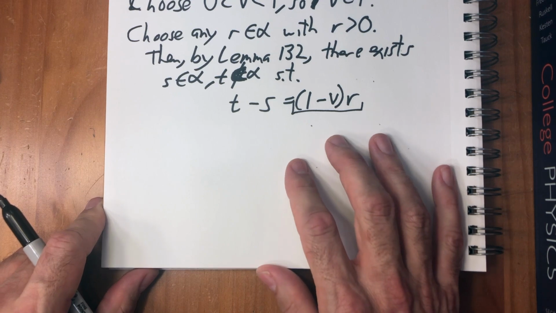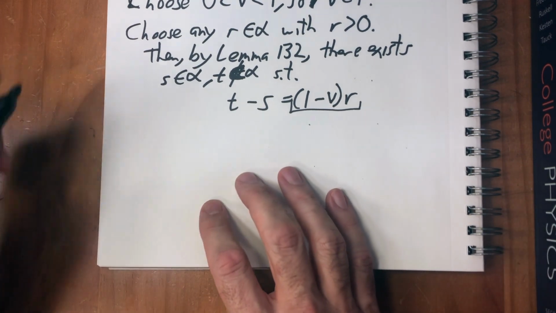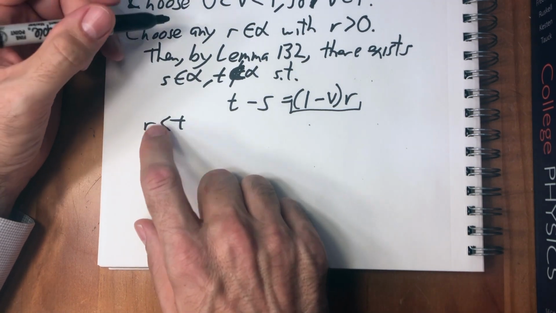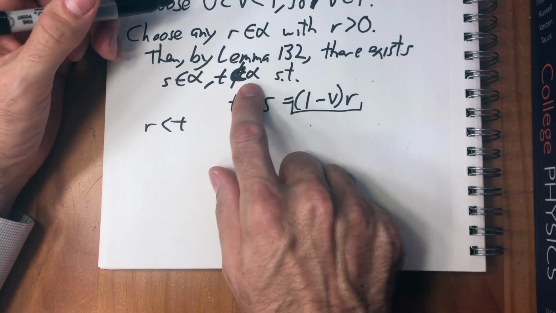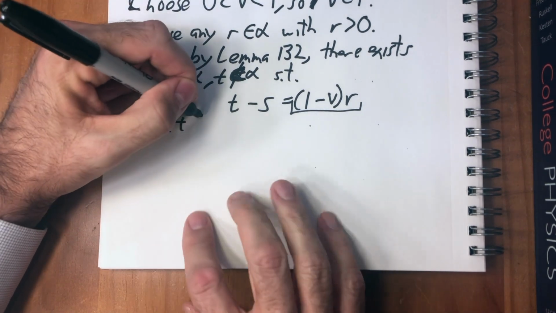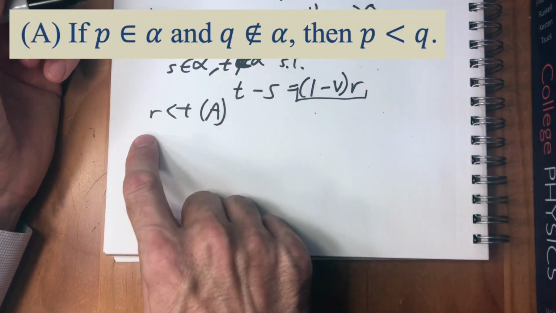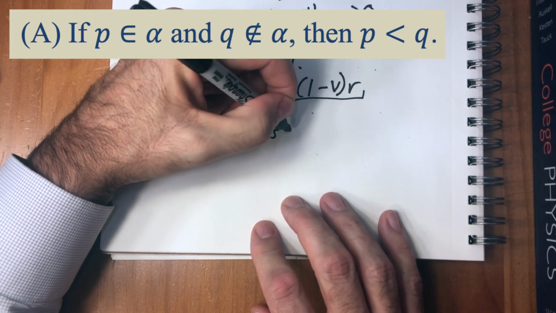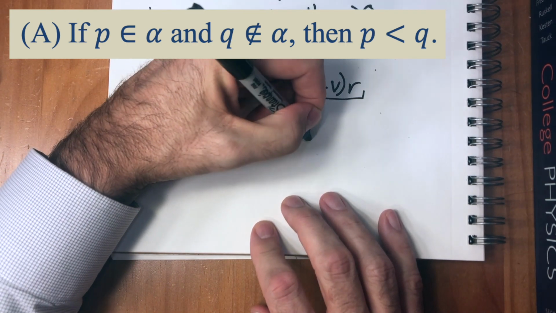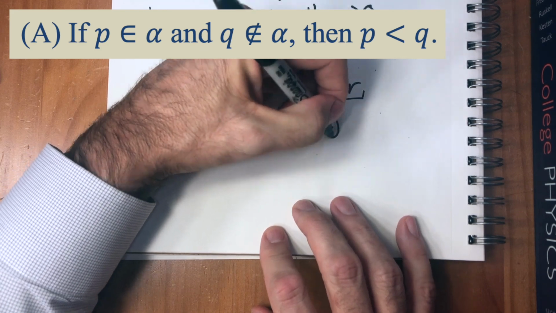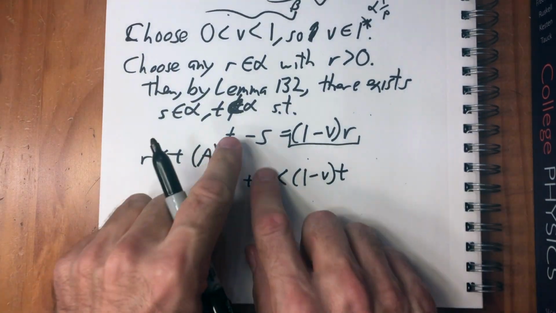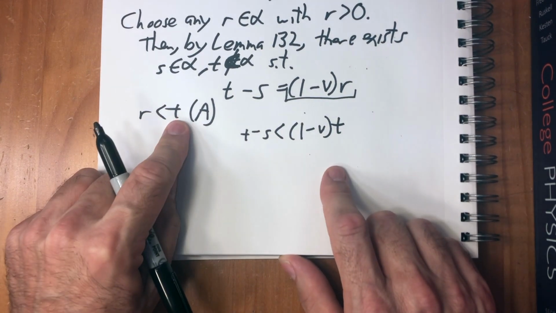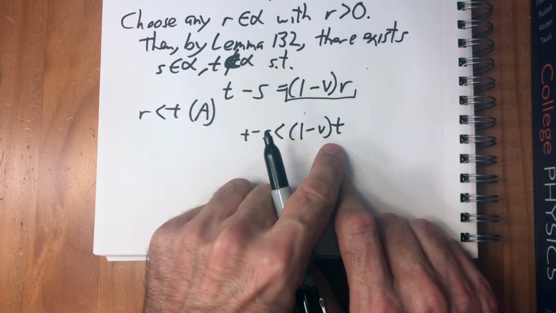So now all we have to do is some algebra. We know that R is less than T because R is in alpha and T is not in alpha, and that is property A. So T minus S is less than (1 minus V) times T. We said that T minus S equals (1 minus V) times R, and R is less than T, so T minus S has to be less than this.